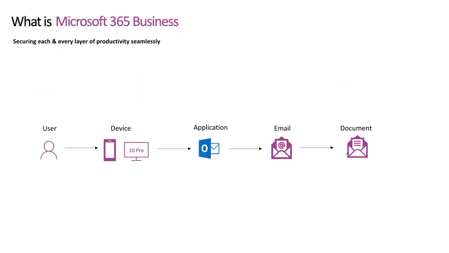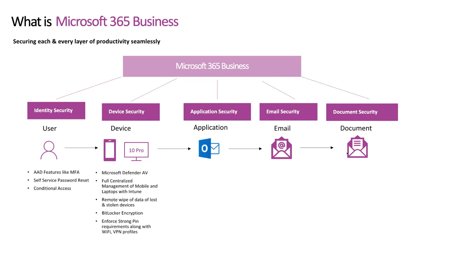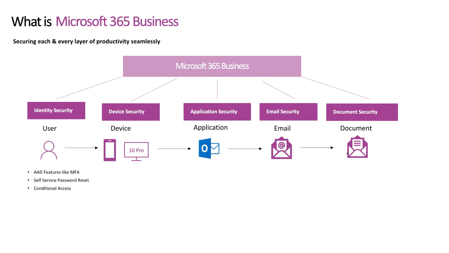So what Microsoft 365 does to underpin the security on top of this is it adds identity, device, application, email, and document security to each of these. The service it brings in for identity is Azure Active Directory, with features like multi-factor authentication, which has the ability to not be prohibitive, in the sense that if somebody's logging in from a trusted location or a trusted device, it won't prompt them for multi-factor authentication.